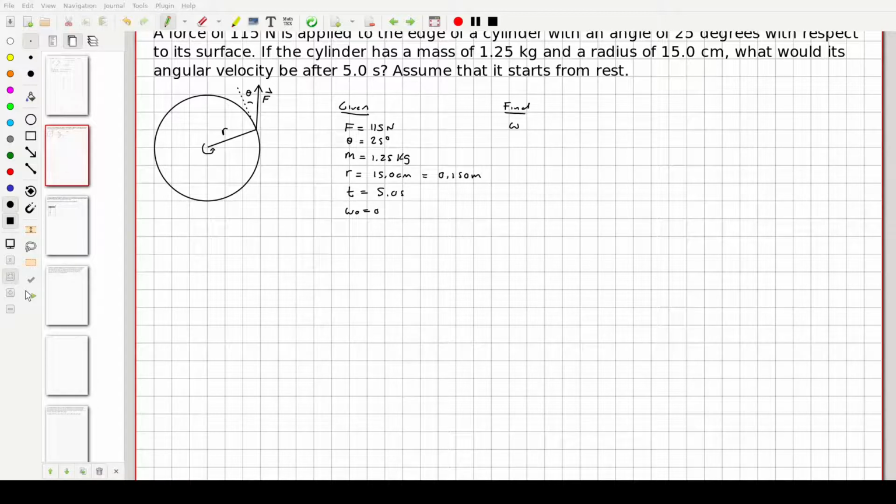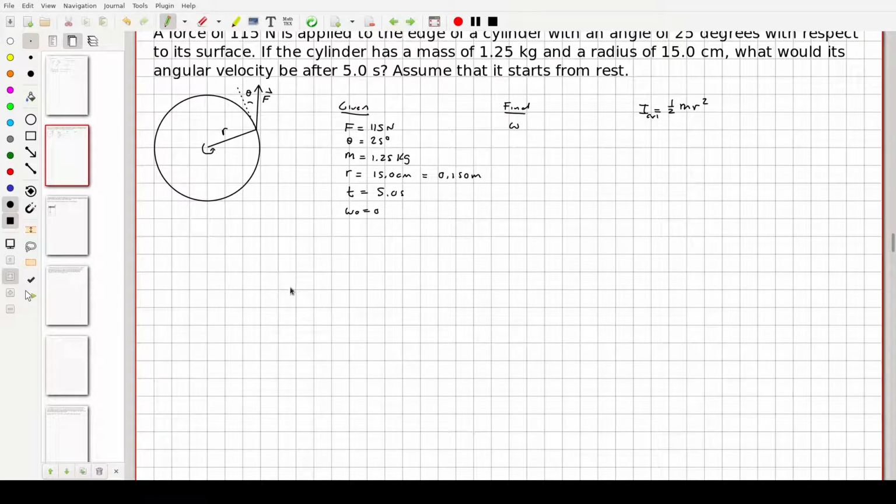So let's see here. That is going to be 1/2 mr squared. So we know I for the cylinder is 1/2 mr squared.